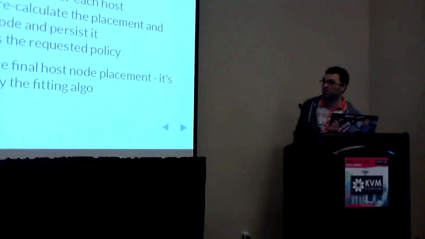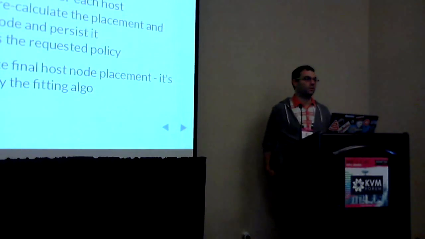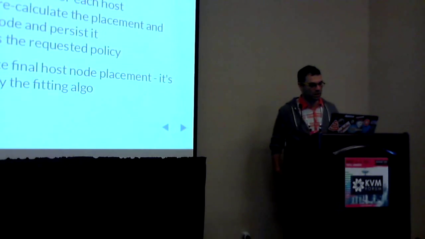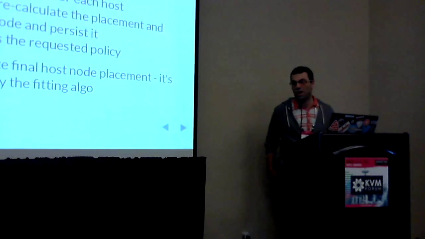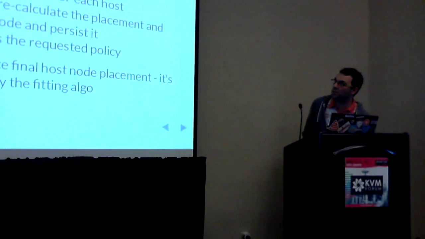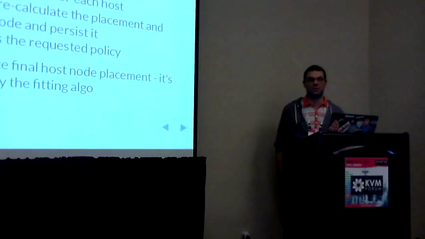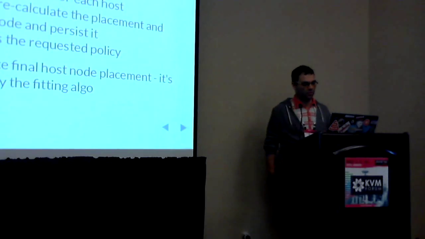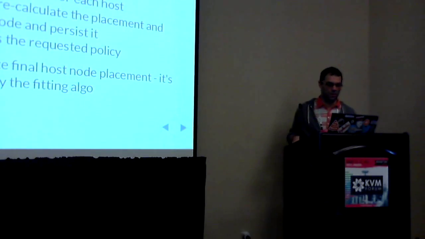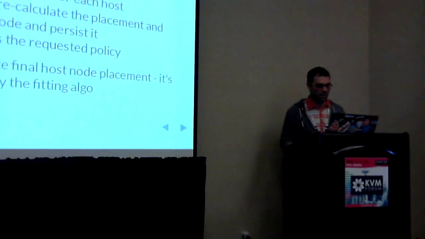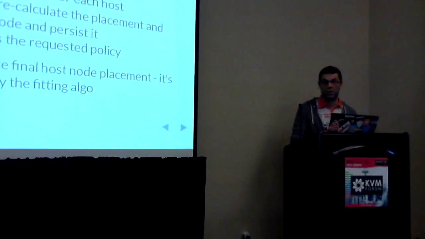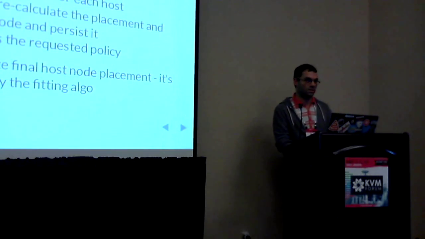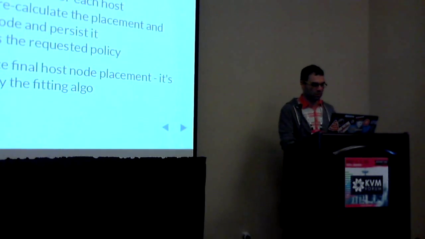So we also added a specific filter that's NUMA aware that would run a placement algorithm, currently not very sophisticated, but it can be improved, that will try to fit the NUMA nodes of the instance onto the available NUMA nodes of the host. In this particular case, we can consider overcommit on a single node of the host.